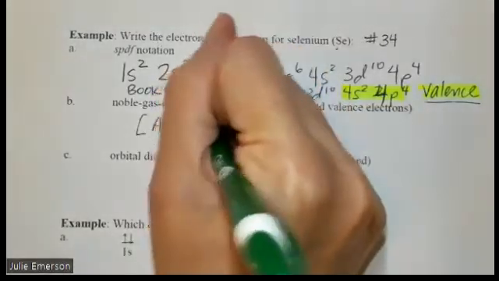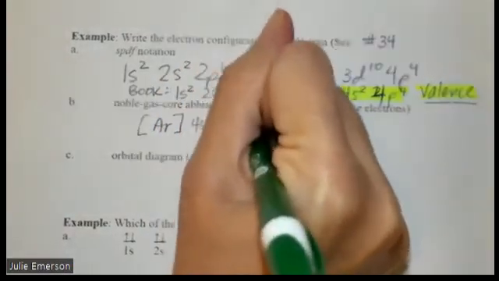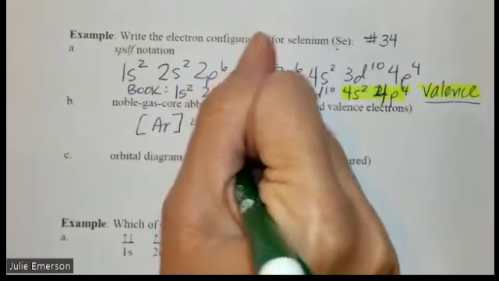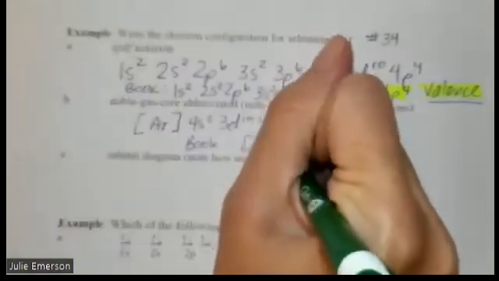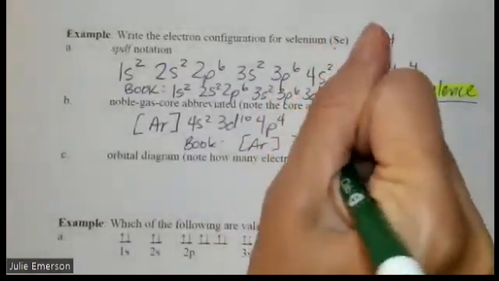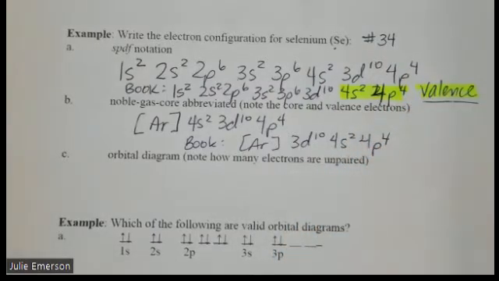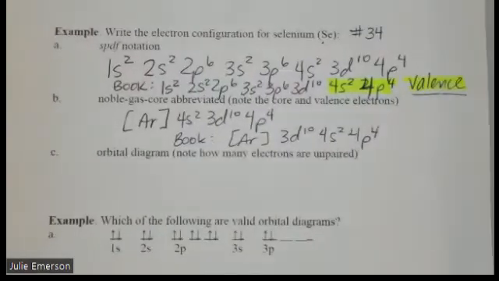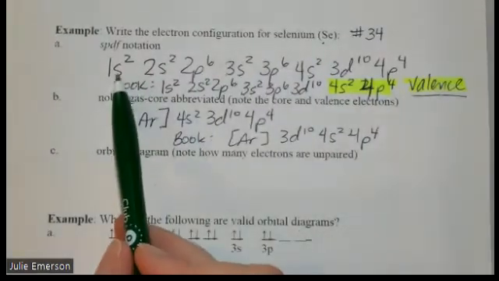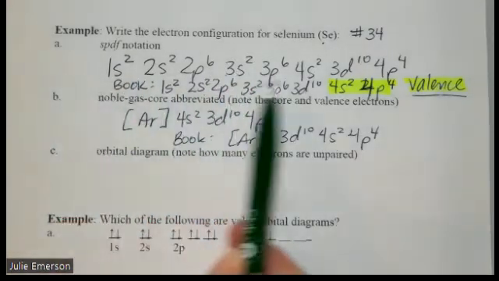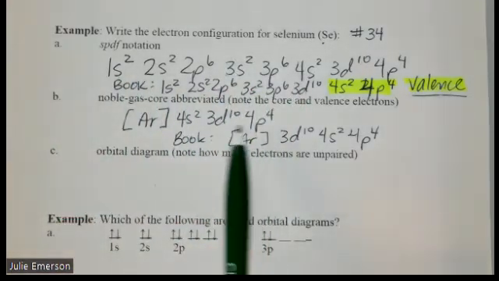So we saved a little bit of writing. And again, if you were looking at the book, the answer would be, okay, argon, we'll do the 3d first, and then we'll have the 4s2 and the 4p4. All right, so the noble gas core just helps us not have to write 1s2, 2s2, 2p6, 3s2, 3p6. We took all of that and we put it in the argon core.